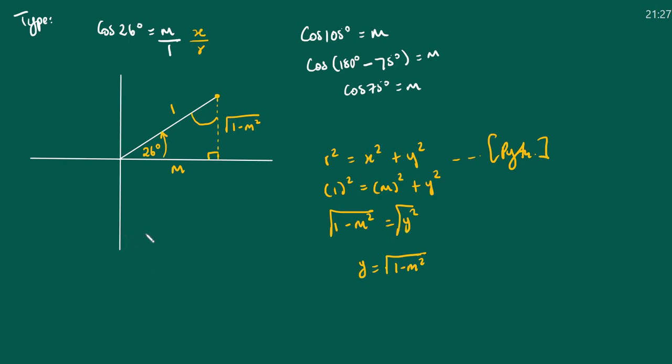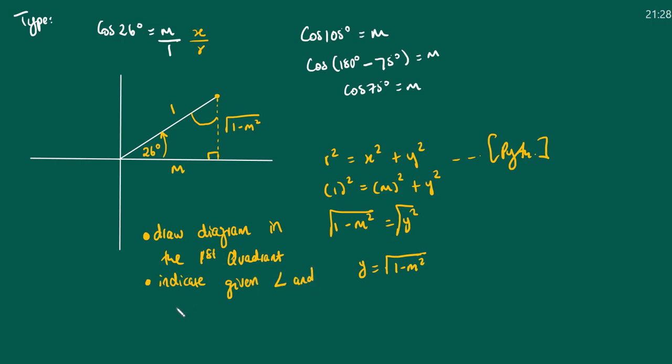So for these type of problems, just to summarize, draw the diagram. Draw the diagram where? In the first quadrant. Then after drawing it in the first quadrant, indicate the given angle and calculate the third angle.